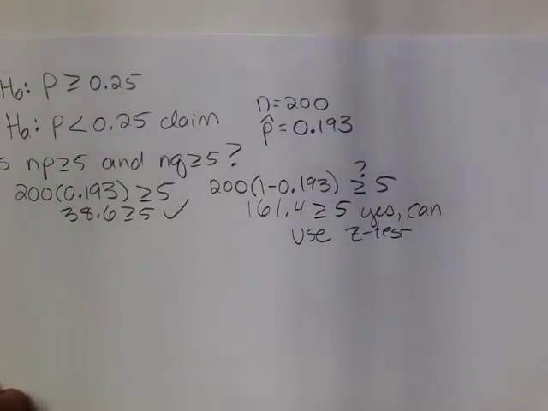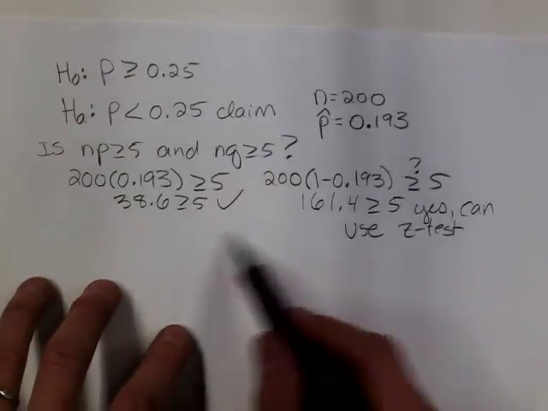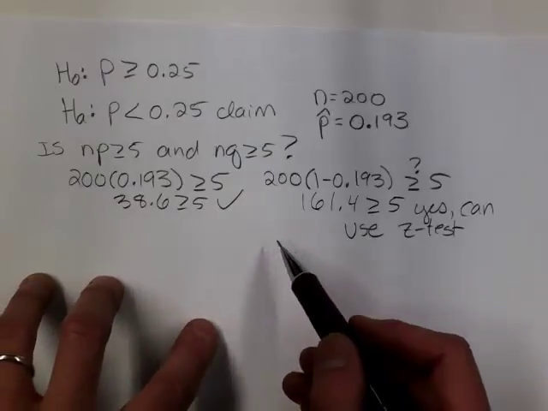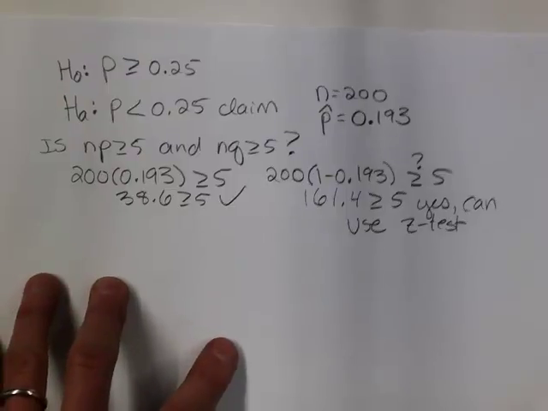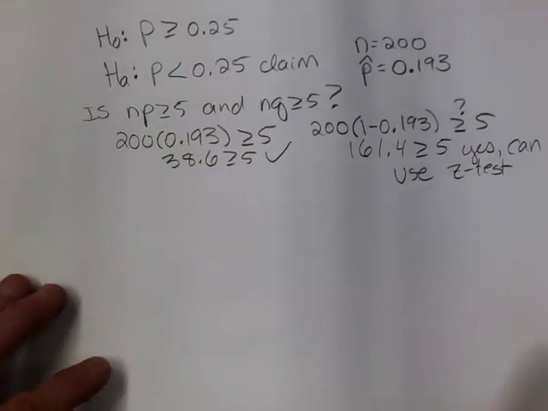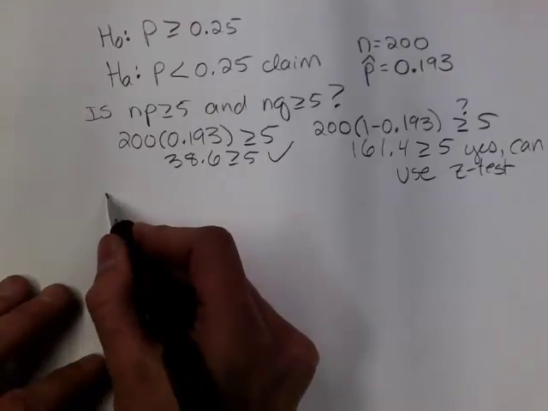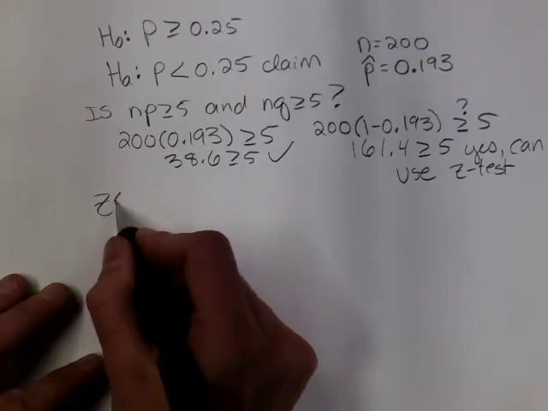Now, we're not using the z-test, that first option in the calculator. Again, we're using the one proportion z-test. This just gives us the justification to go ahead and use the z-distribution for the test statistic and the critical value. So let's go ahead and find the standardized test statistic.